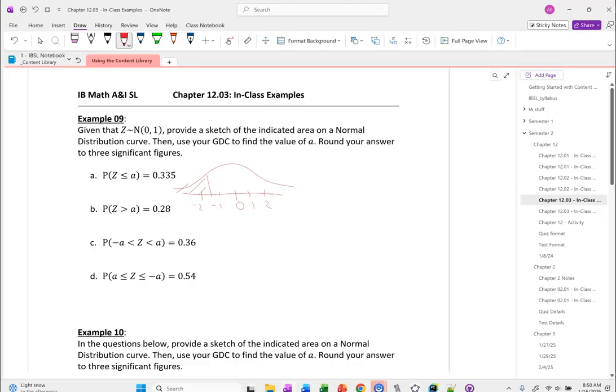Why did I know I was shading to the left? Just because of the percentile range and everything. Because it says less than or equal to. Okay. And now how am I going to recover the A value from this? So there's a command on our calculator. If we want to go from an observation to a percentage or percentile, we use normal CDF.